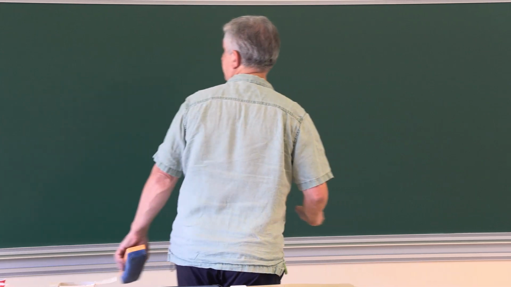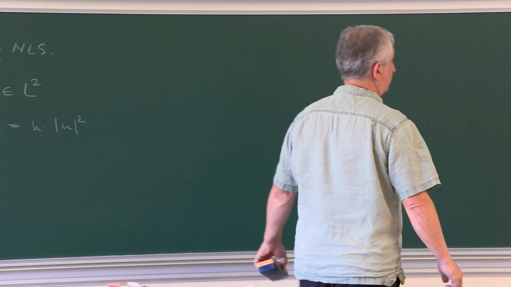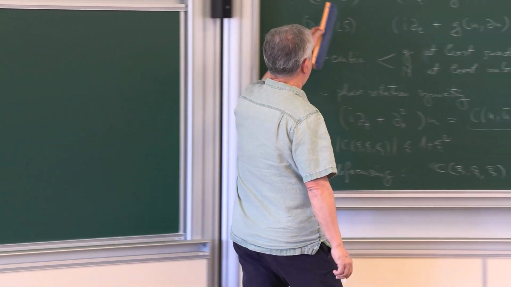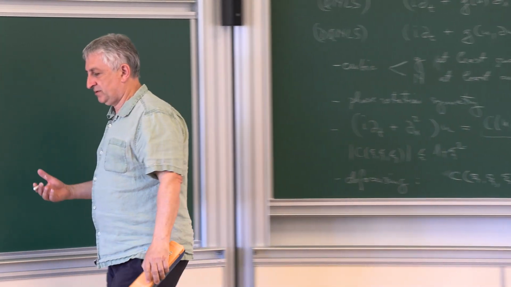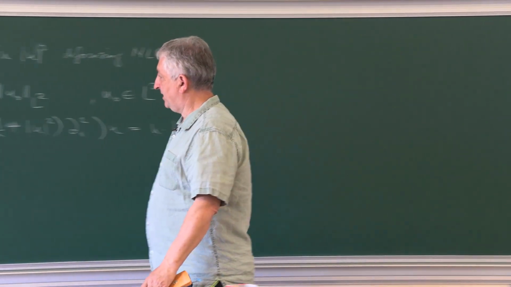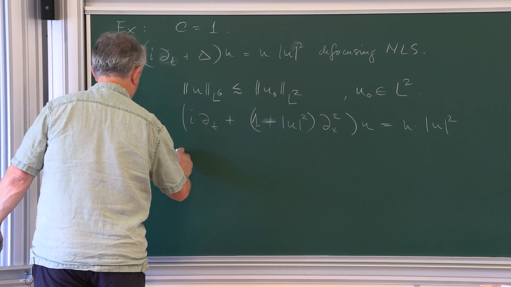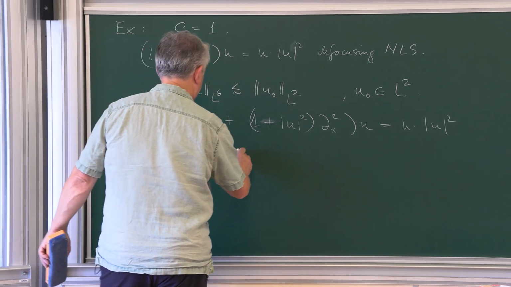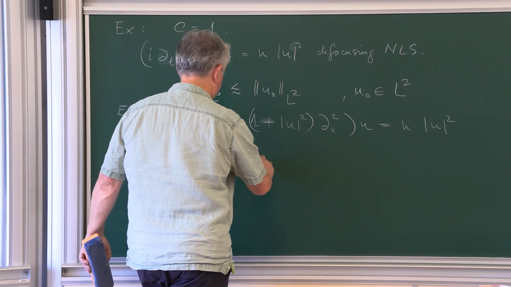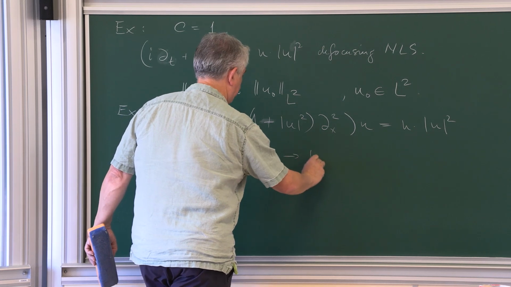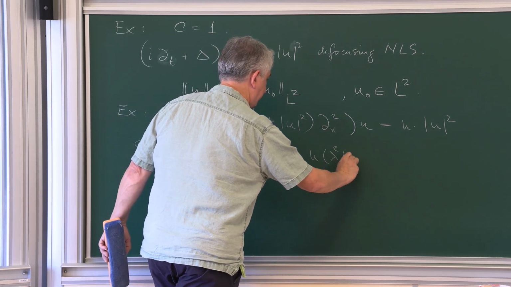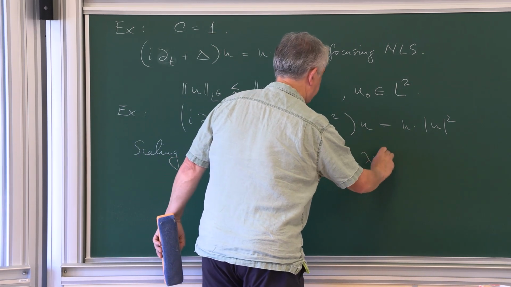And so maybe the last thing that I wanted to mention about this problem, in particular QNLS, is that it has what we call dimensionless scaling. So you look at u of t and x goes into u of lambda square t, lambda x.